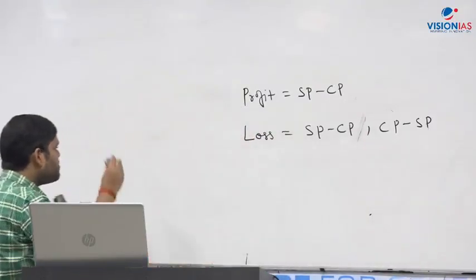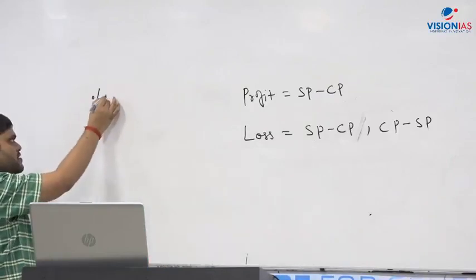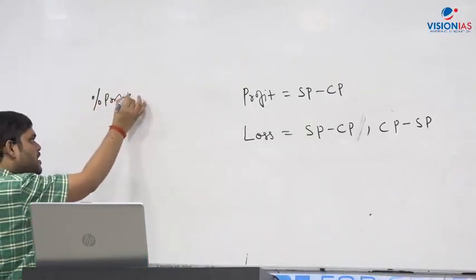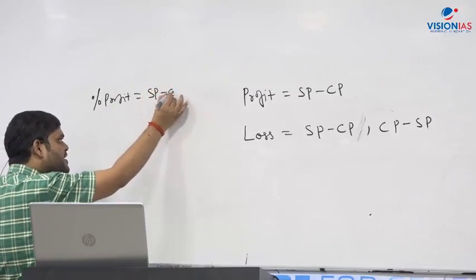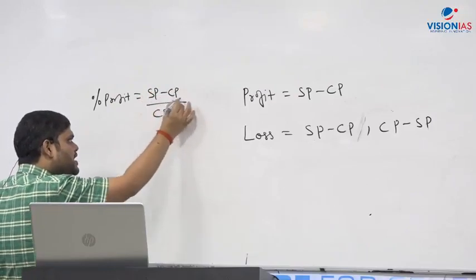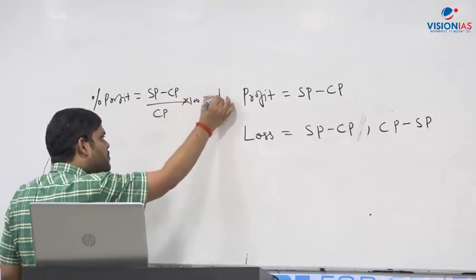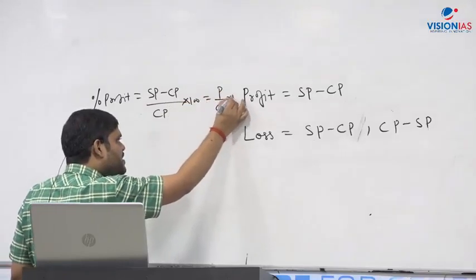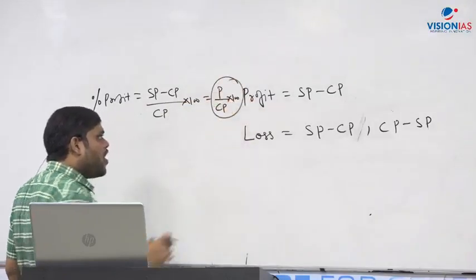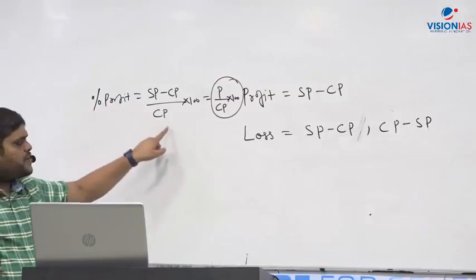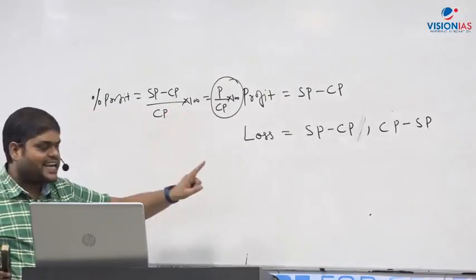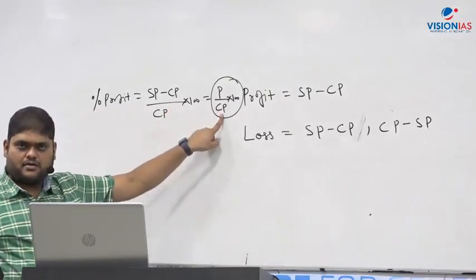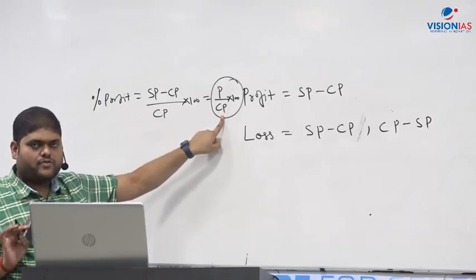Then the percent of profit is equal to SP minus CP upon CP into 100, or P upon CP into 100. So I told you always the percent of profit or profit and loss are calculated on CP or initial value.